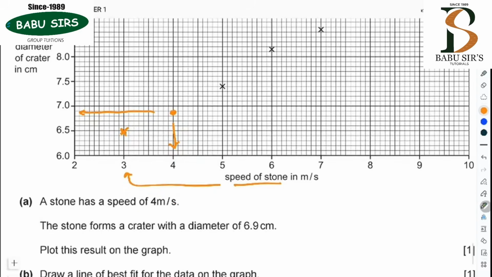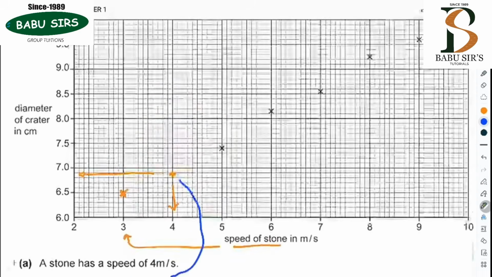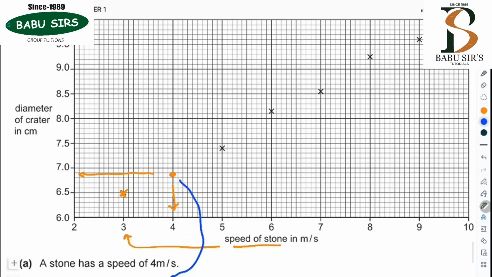Plot the result on the graph. You have already plotted it here. Draw a line of best fit. So you can just draw a line like this, which shows the best fit.